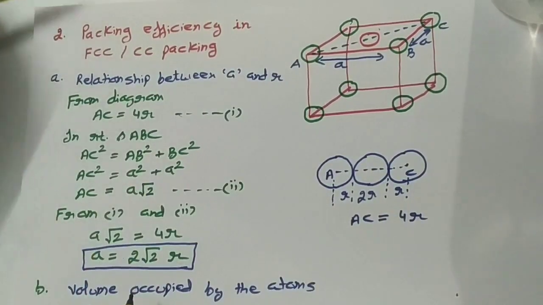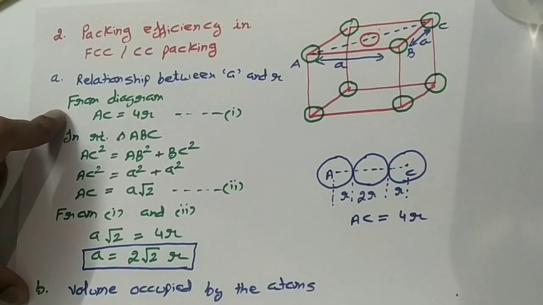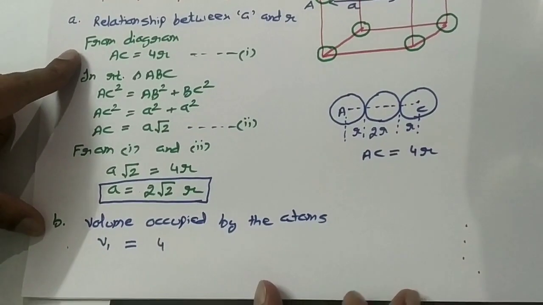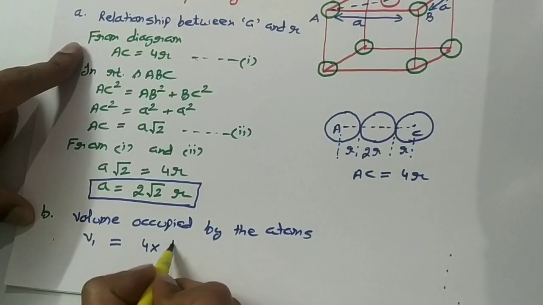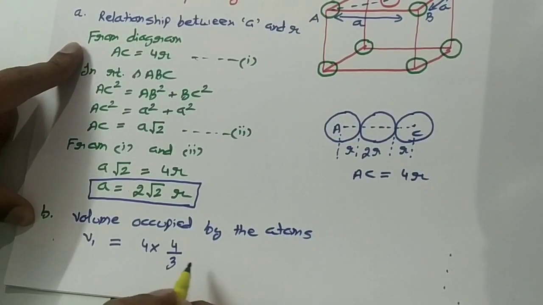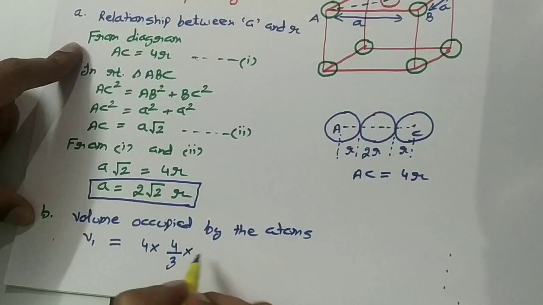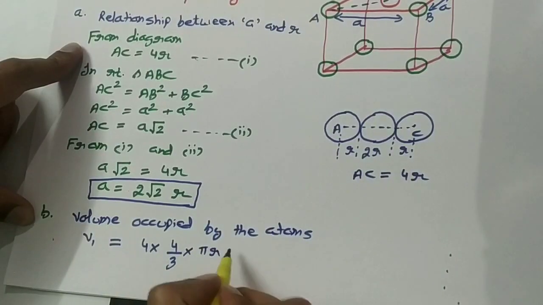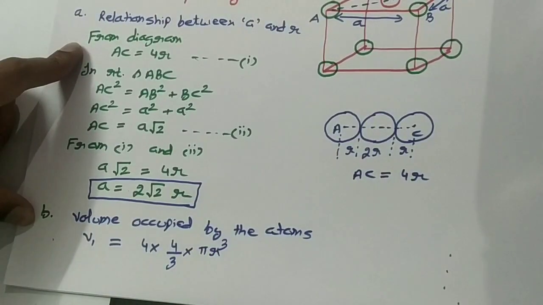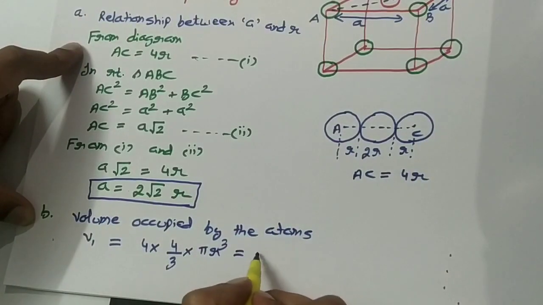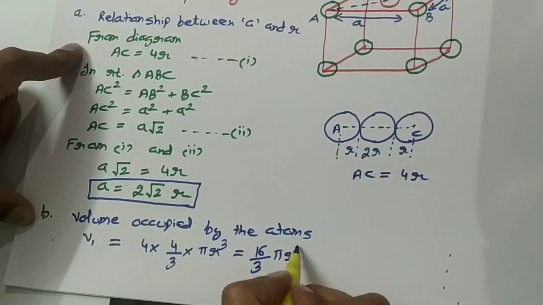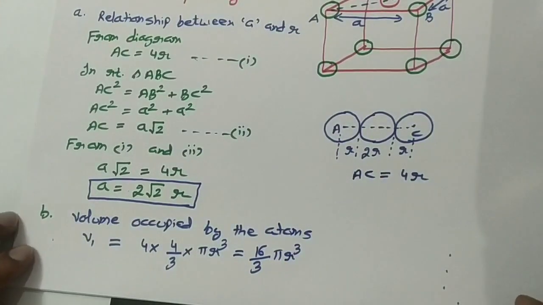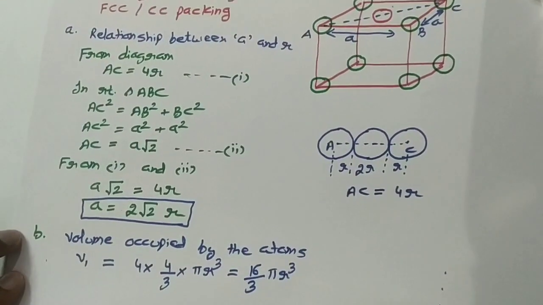In case of FCC, number of atoms per unit cell is 4, into volume of one atom, 4 upon 3 pi r cube. V1 comes out to be 16 upon 3 pi r cube.